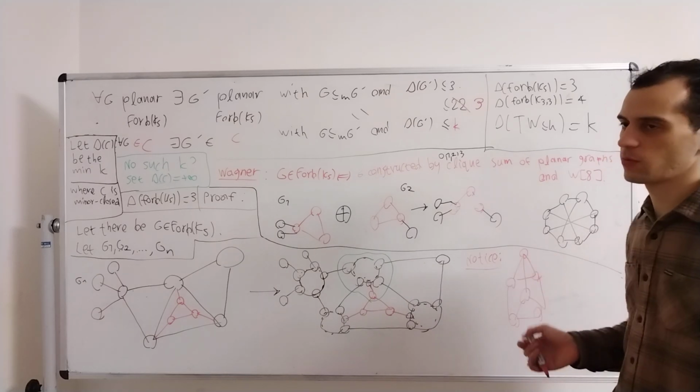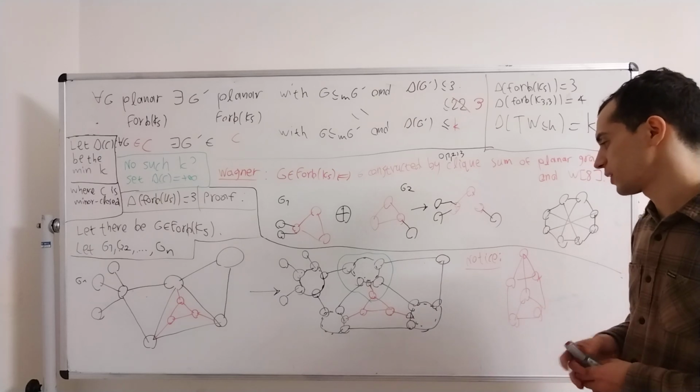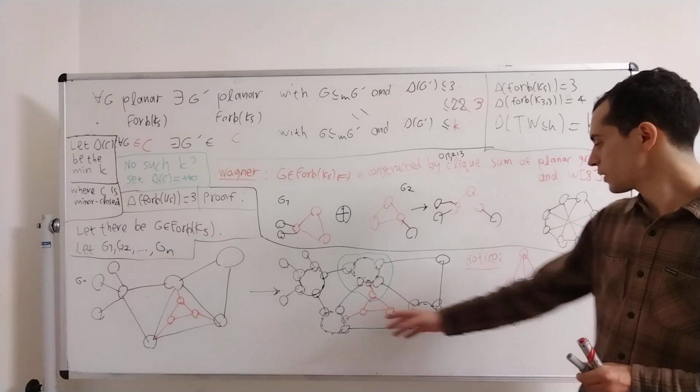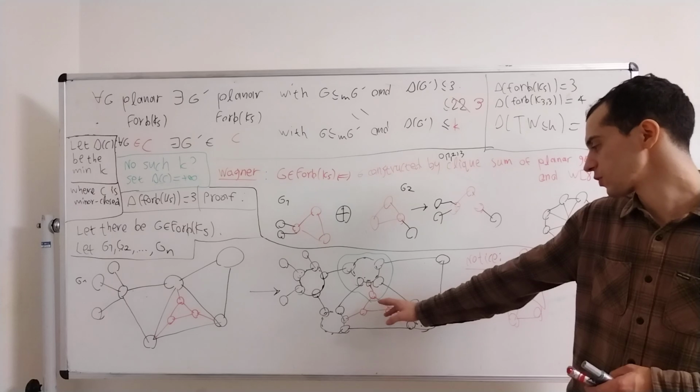You just append one triangle onto another, and therefore it is K5-minor-free. Therefore, we can click-sum it to this graph, J1 prime, let's call it.